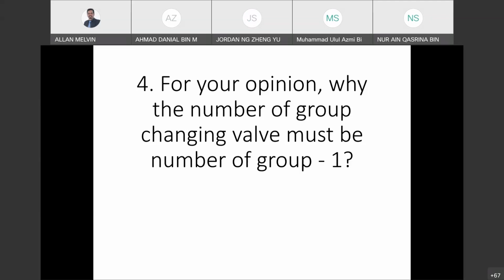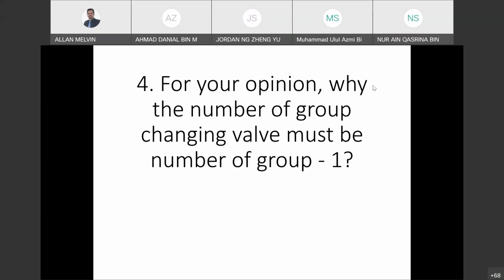Okay, so I think for me, I understood this question wrong. How did you understand it? I understood the number of groups as 1, like one group. How can there be only one group?